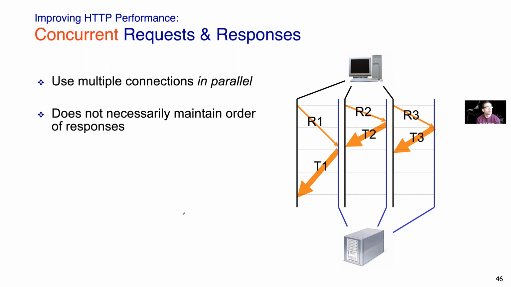Now, you may not necessarily maintain the order, because remember, we talked about how it's not necessary that all the packets take the same path through the internet, right? You would expect that, but given there is so much dynamics in the network, it may so happen that this request and response go along one path, and this one along a slightly different path, and so on. So you do need to be aware that these responses may not come back in the same order, right?